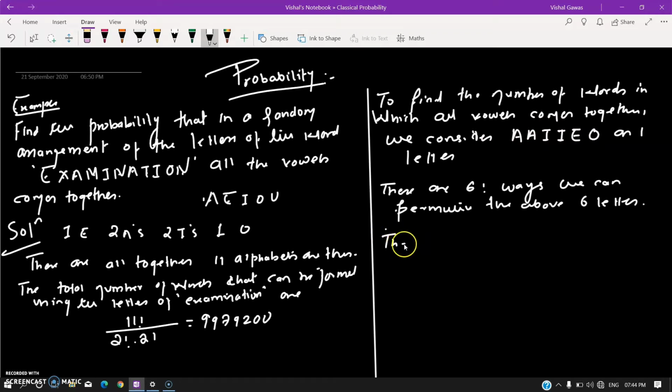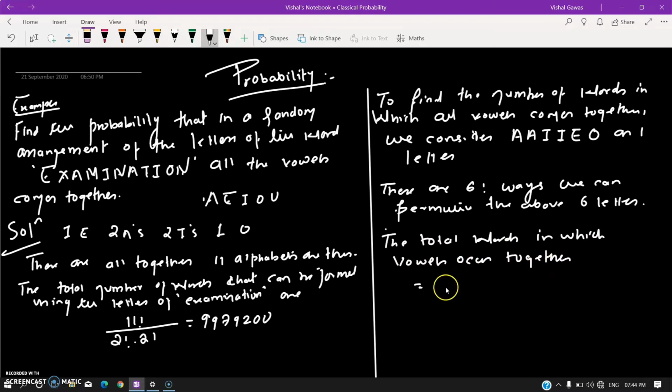So the total number of words in which vowels occur together is 6 factorial, multiplied by 6 factorial over 2 factorial into 2 factorial. Yes, because the total is 11 letters; if I take 6, what remains is 5, and 5 plus 1 is 6.